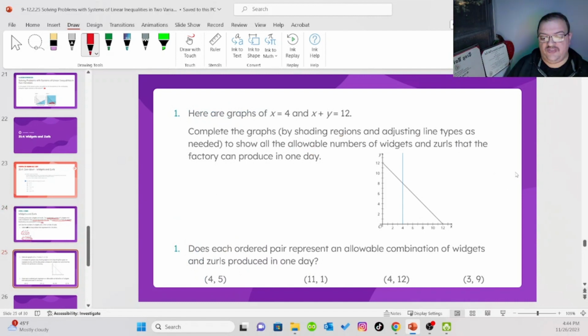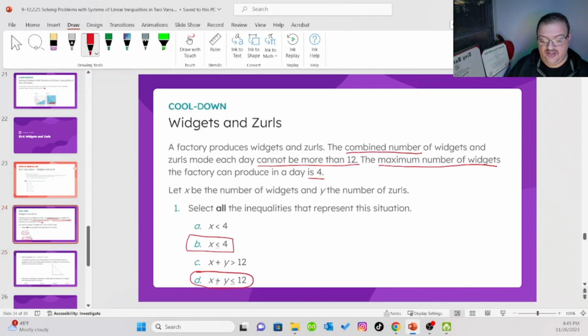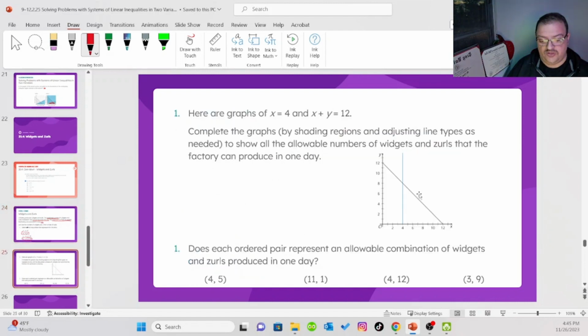Here are graphs of X equals 4 and X plus Y equals 12. Complete the graphs by shading regions and adjusting line types as needed to show all the allowable numbers of widgets and zerls that the factory can produce in one day. So we said X plus Y needed to be less than or equal to 12.